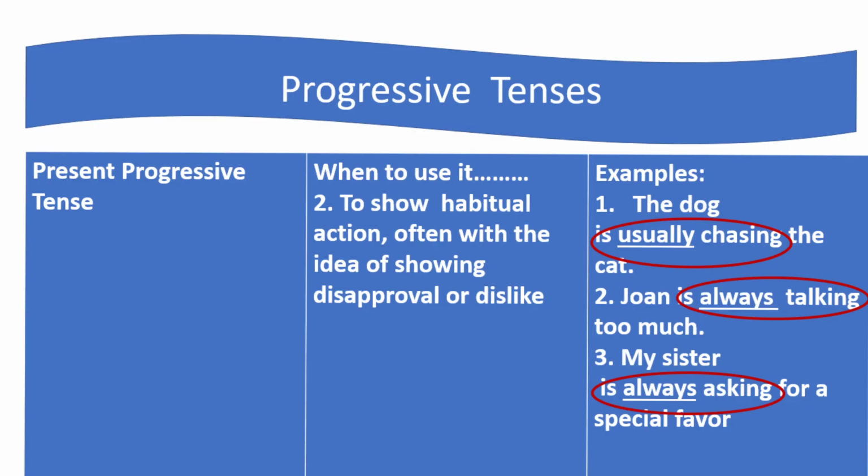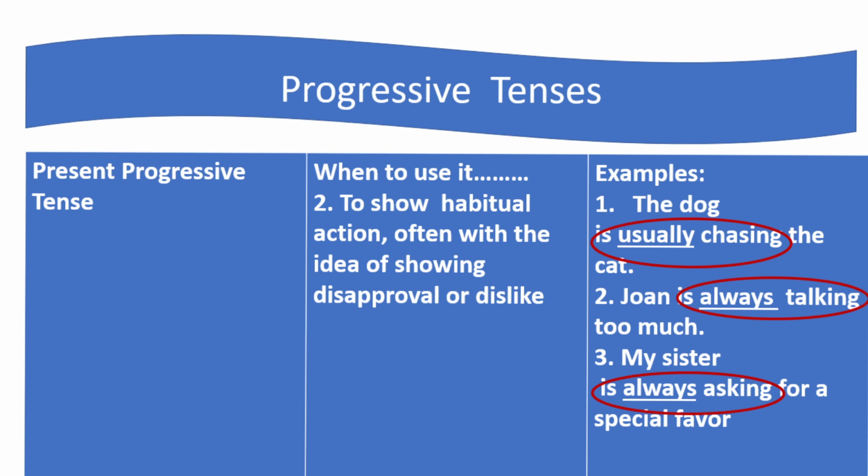Next, how about number 2? To show habitual action, often with the idea of showing disapproval or dislike. This is the second way on when you're going to make use of the present progressive tense. Example, the dog is usually chasing the cat.